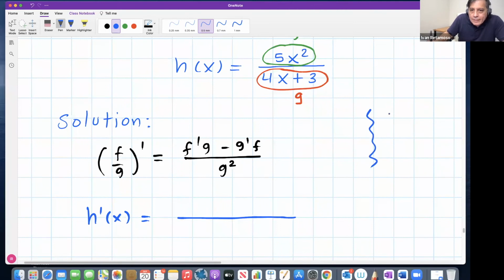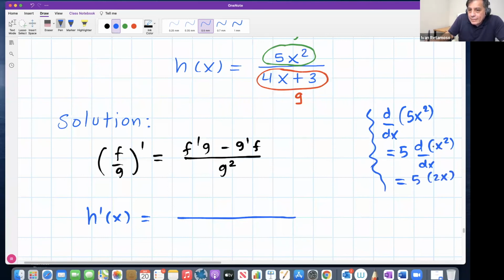The derivative with respect to x of 5x squared is just 5 times the derivative of x squared, which is twice x. So finally this is just 10x. This is f prime, and you write 10x here, times g, the function g, so within parentheses you write 4x plus 3.